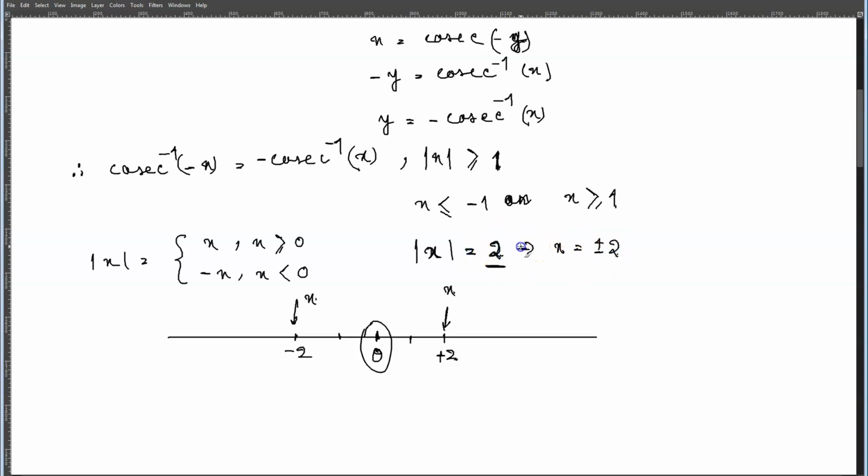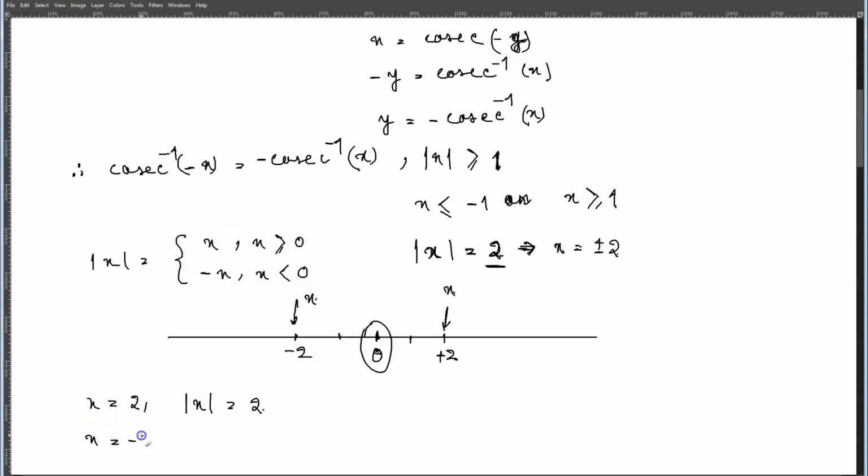So now if I say that the absolute value of x is equal to 2, then if x is equal to positive 2, the absolute value of x is going to be equal to 2, because x is greater than or equal to 0.